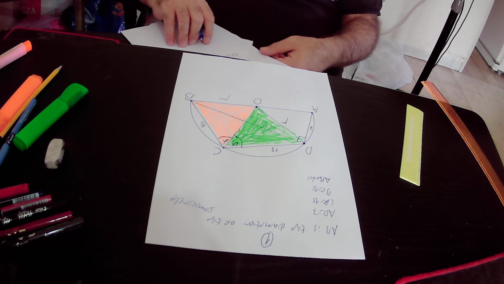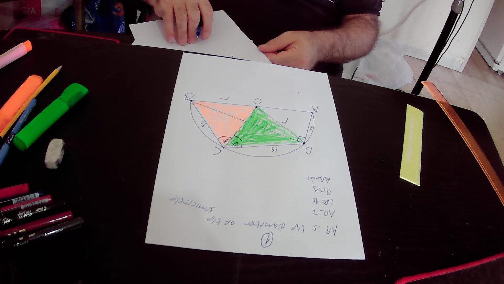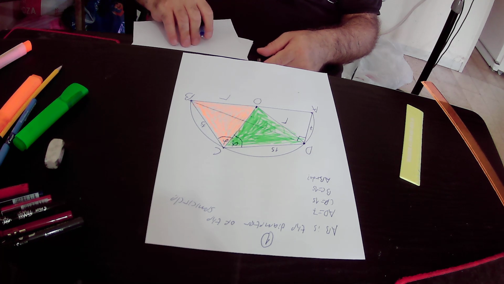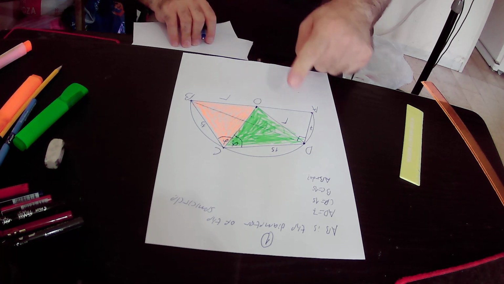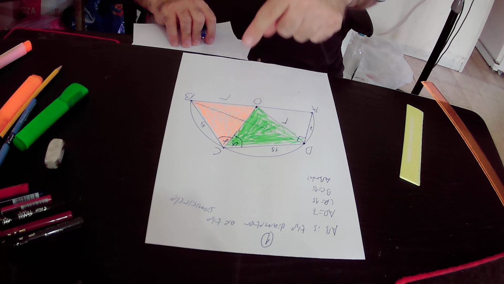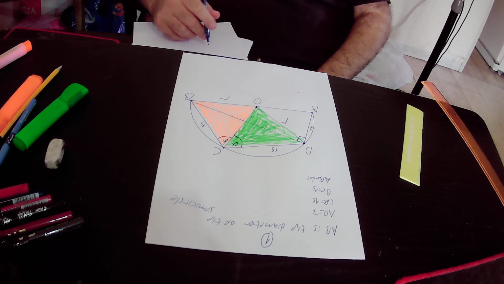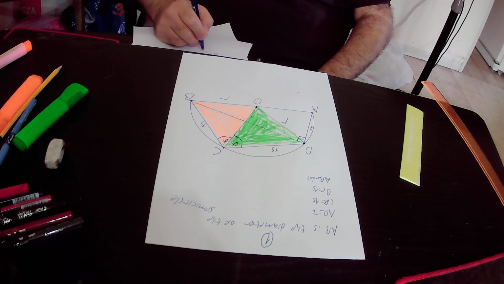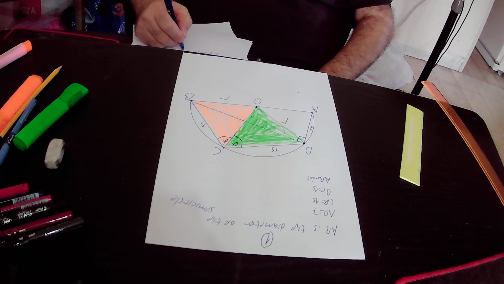And OC is a common side. It belongs both to the green triangle and to the orange triangle. So OC equals OC. It's a common side.